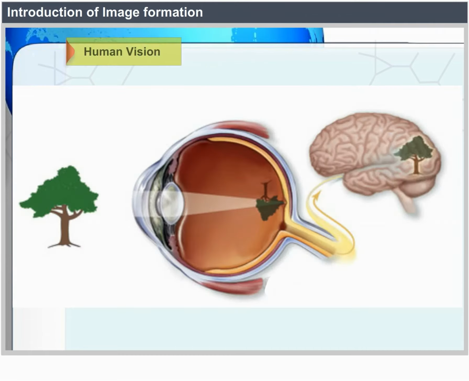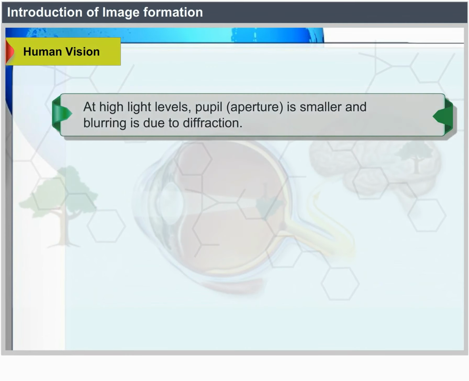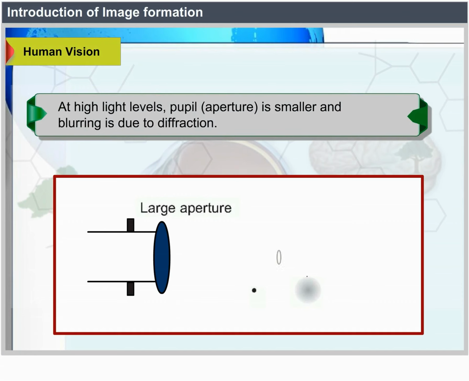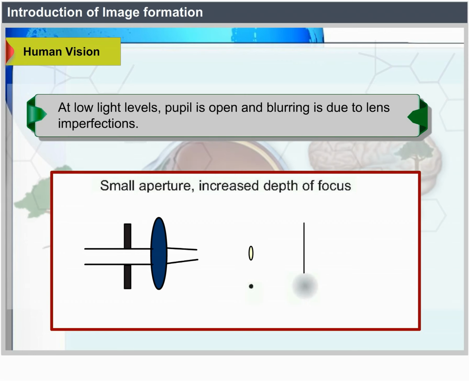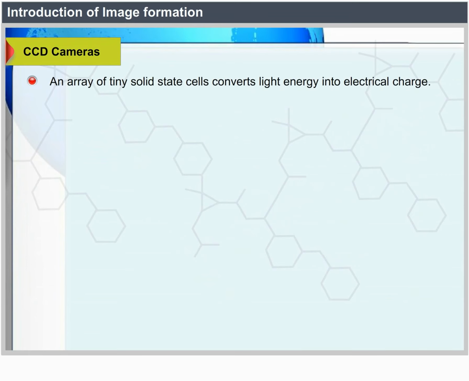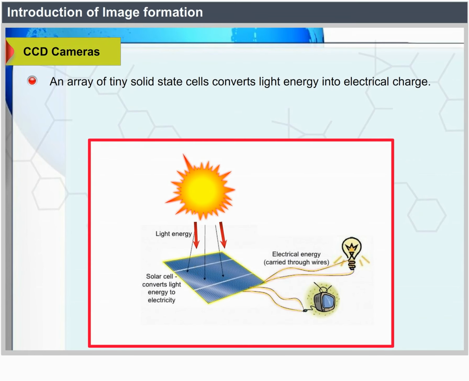Human vision. At high light levels, the pupil aperture is small and blurring is due to diffraction. At low light levels, the pupil is open and blurring is due to lens imperfections. CCD cameras. An array of tiny solid-state cells converts light energy into electrical charge.